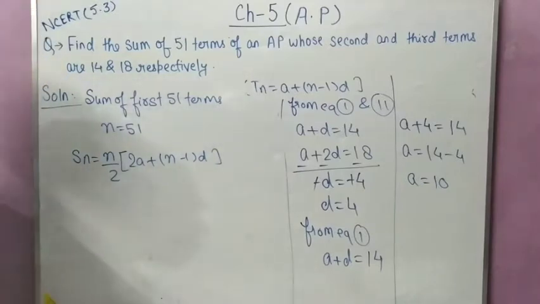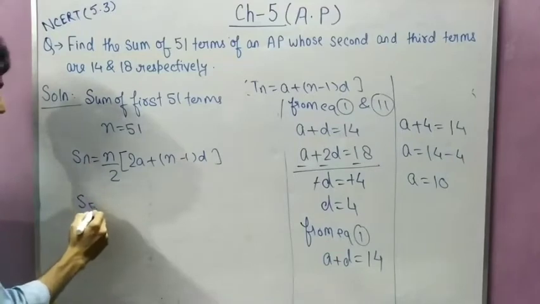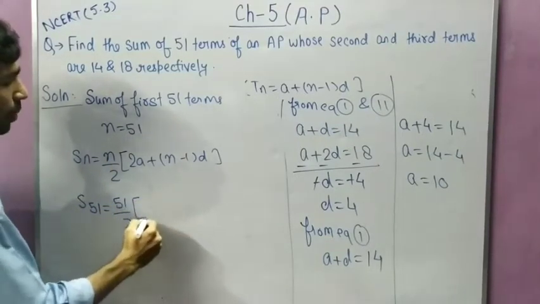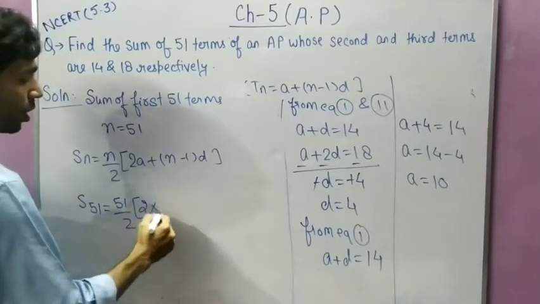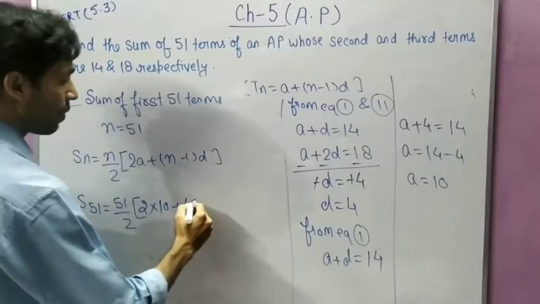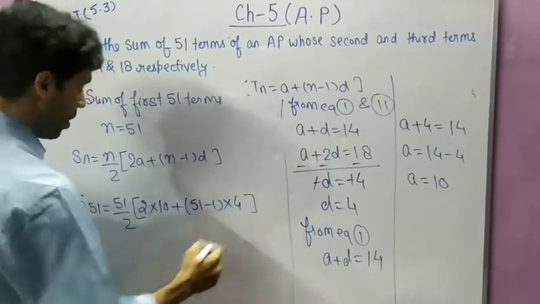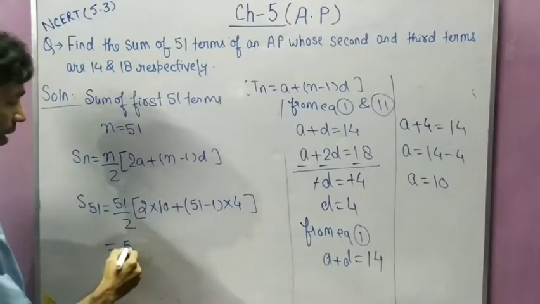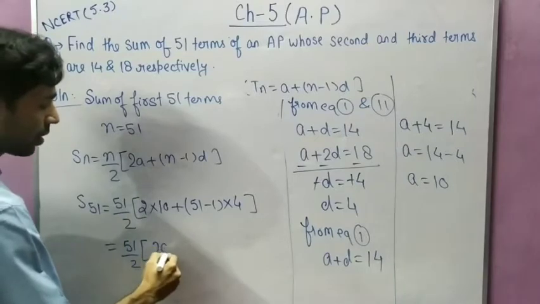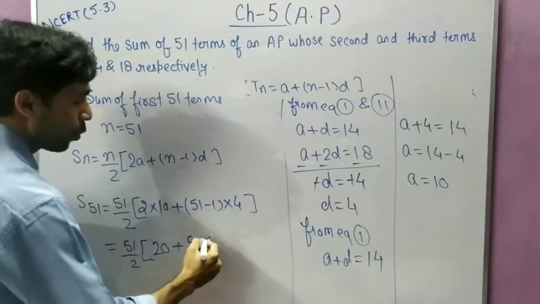Because we have to find the sum of the first 51 terms, in place of n we put 51. So here it will be 51 by 2, and in bracket 2 into the value of a, which was 10, plus 51 minus 1, and d is 4. So 51 upon 2 in bracket 2 into 10, 20, plus 50 into 4.